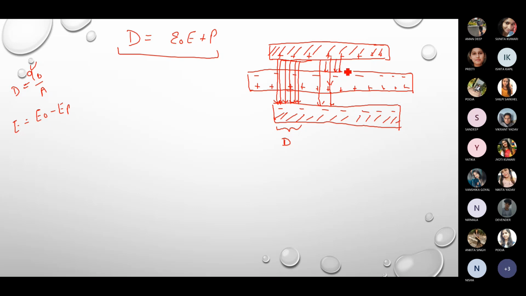The representation is just like this. So this is this part epsilon naught E.